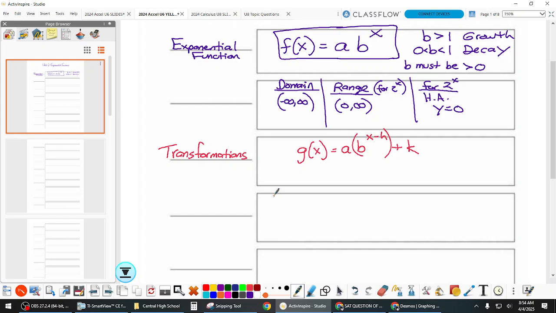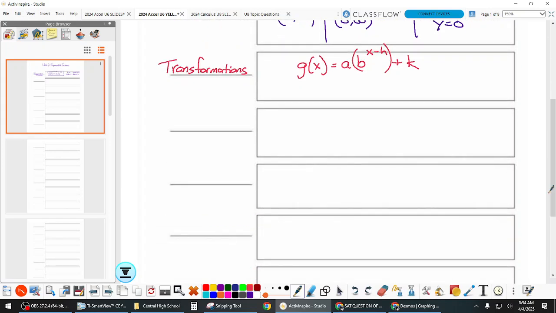I wonder if we can combine some of this into a couple boxes. Let's do it this way. If a is positive, it's normal. If a is negative, it goes the other way, so just call it a reflection, but do put the little picture. And then the usual, if a is bigger than 1, what does it do?